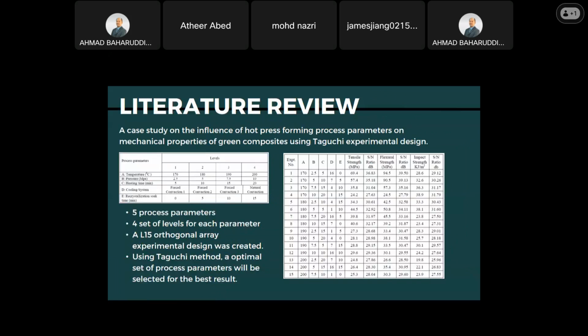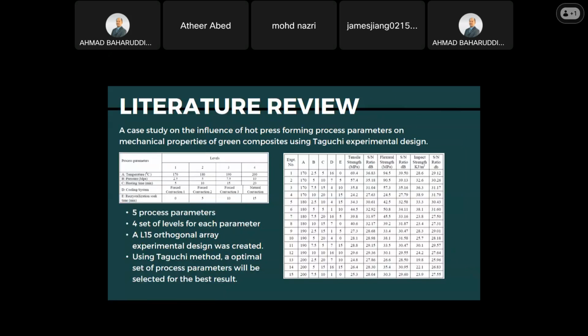This here is the literature review. So I have done a few reviews on a few papers, and I have mainly referred to this one right here. This one is a case study on the influence of hot press forming process parameters on mechanical properties of green composites using Taguchi experimental design.